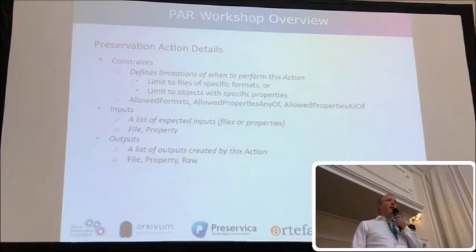We will talk about the example of MediaInfo when you're doing metadata extraction on audiovisual content. It may give you back an XML file. We would describe that as raw because it's not specific individual properties. You could extract properties from that, but the tool output is actually a blob, essentially.